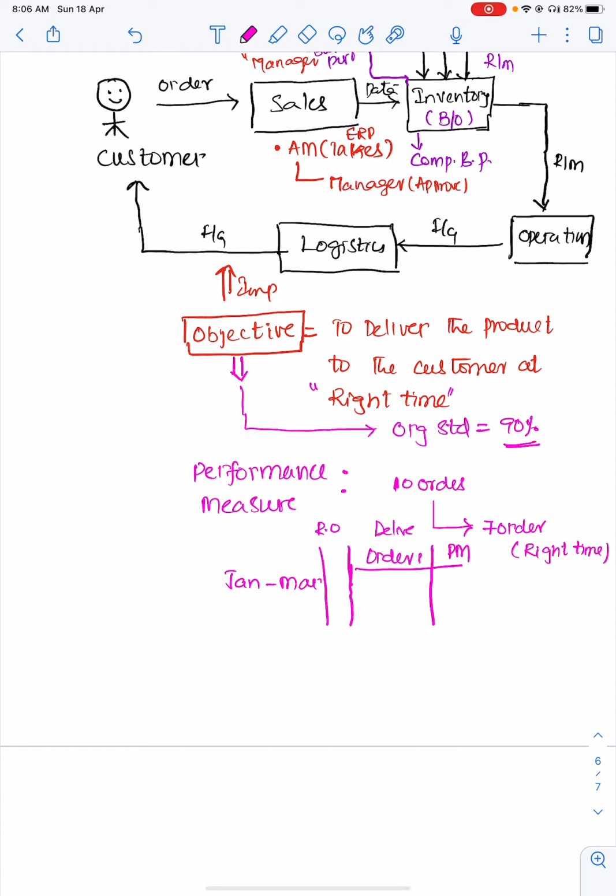So I received 10 orders, out of which 7 orders I have delivered at the right time. So what is the performance measure? 70% I achieved. Is it as per organization standard? No. So we need to find out where exactly we are going wrong.